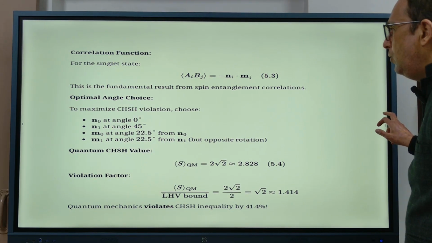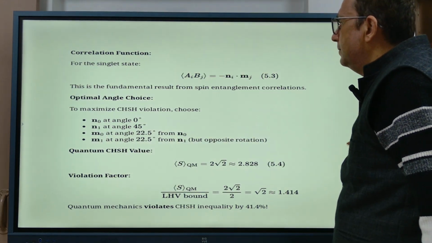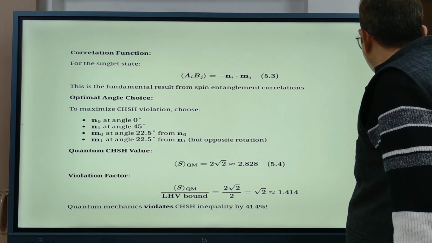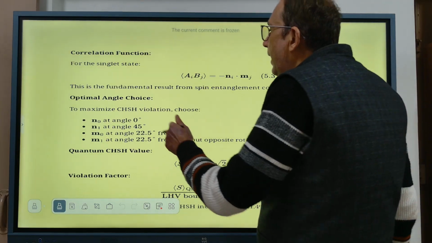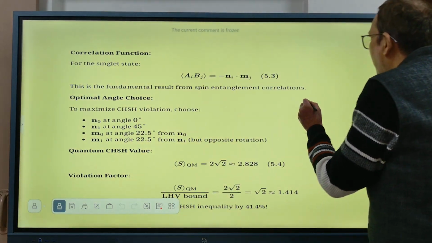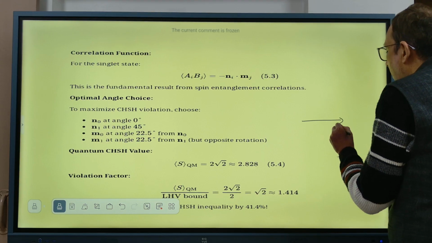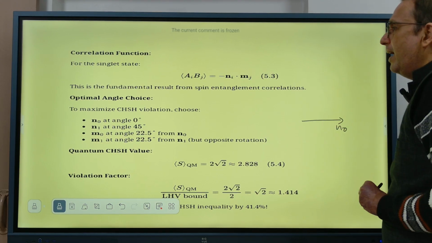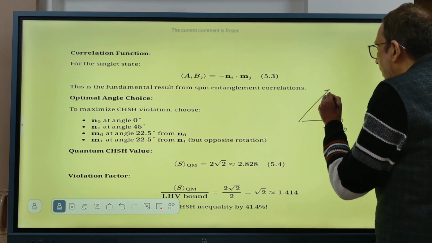what we now do is we take n0 at angle 0. So we have here n0, this is at angle 0. And n1 at 45 degrees.